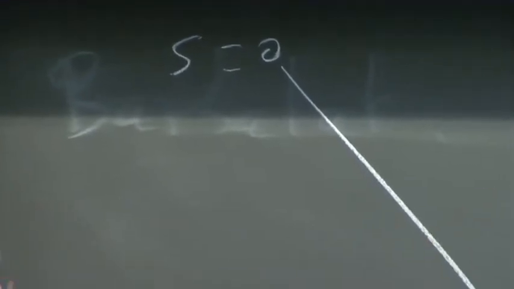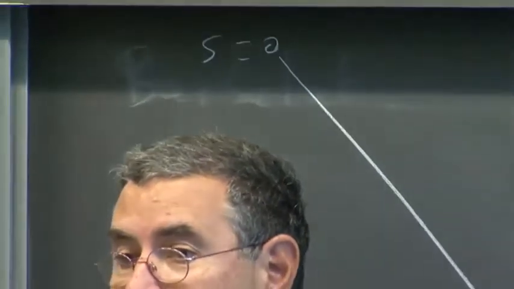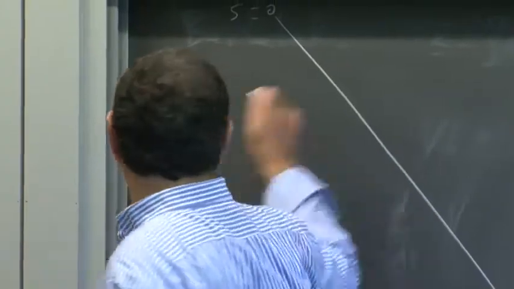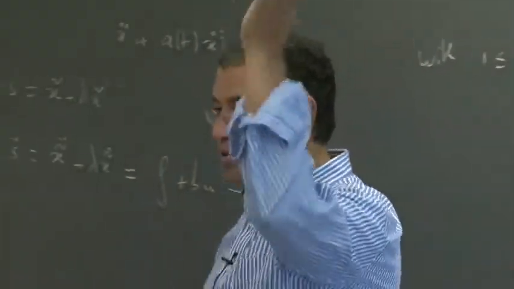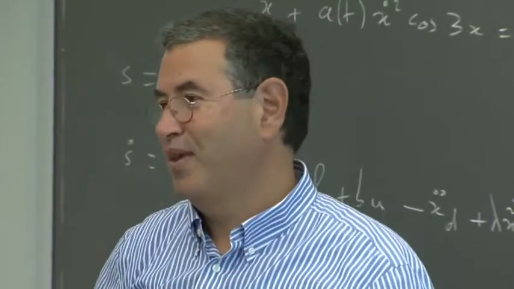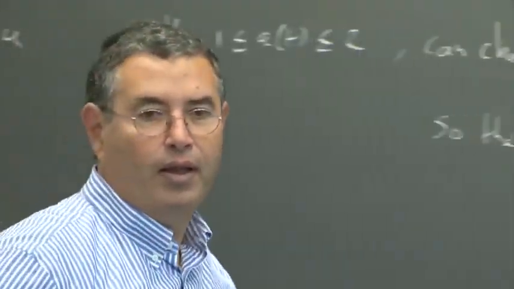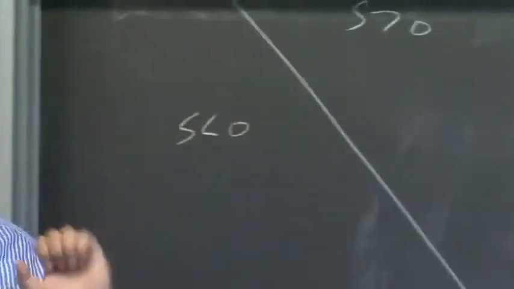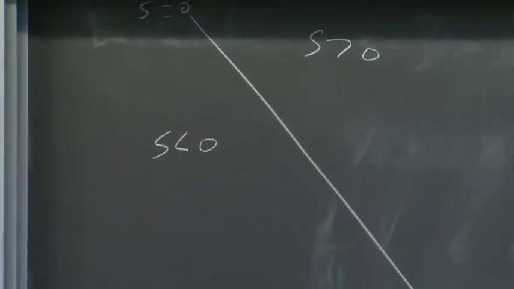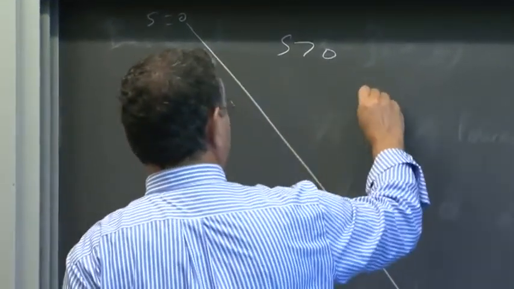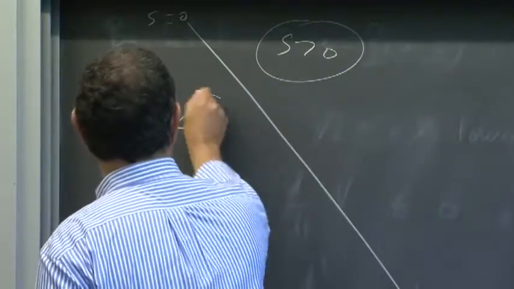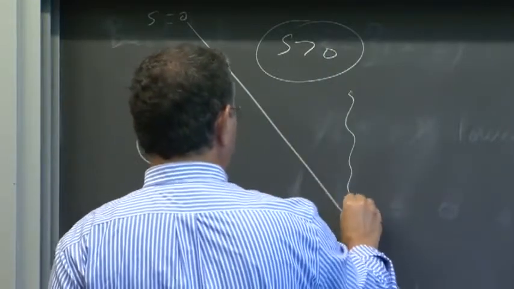And of course, this hyperplane divides the space in two half spaces. In one half space, we have S positive, and in the other half space, we have S negative, and it cannot be anything else, because S equals 0 is only on this hyperplane. All right. So suppose we start with S positive, so we start somewhere here.